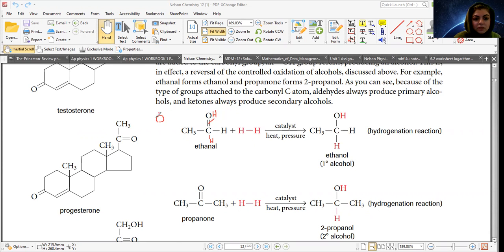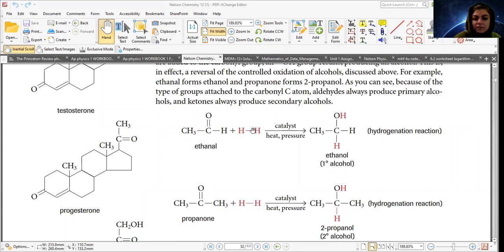Remember, oxygen has 2, 3, 4, 5, 6 electrons. One of those is going with hydrogen and one of those is going with carbon. If the double bond is broken, it means the one is going with the carbon, you need 1 more to make hydrogen. So as you see, this will give you a first degree alcohol.